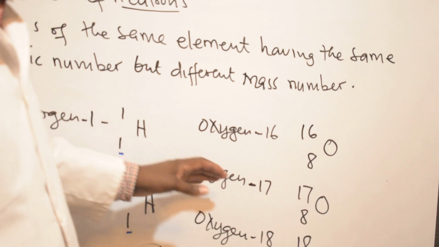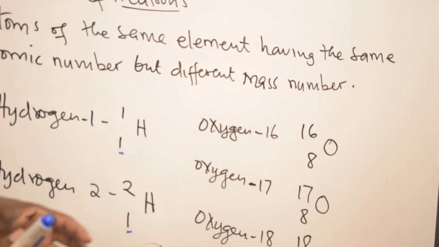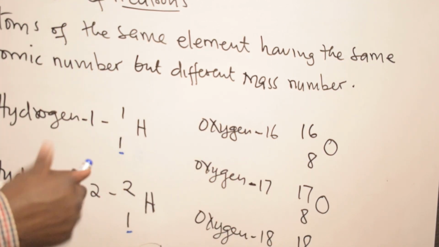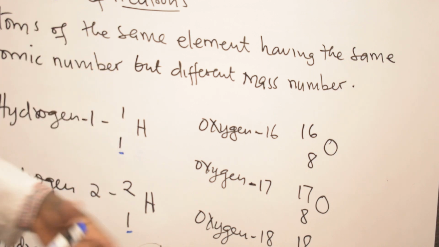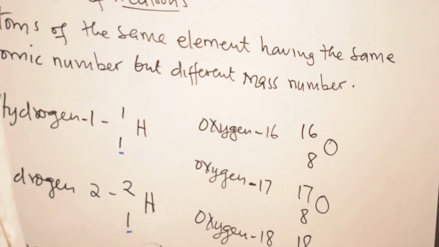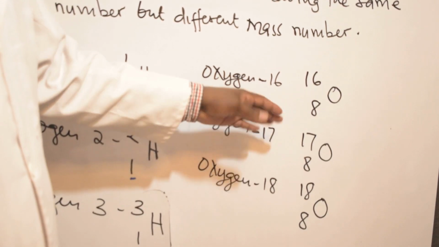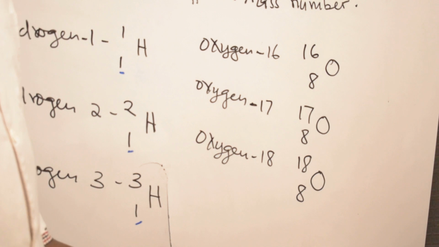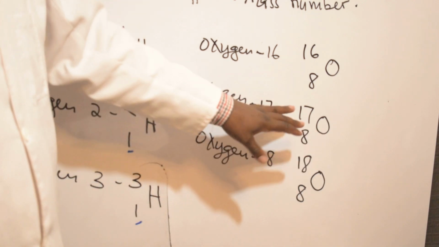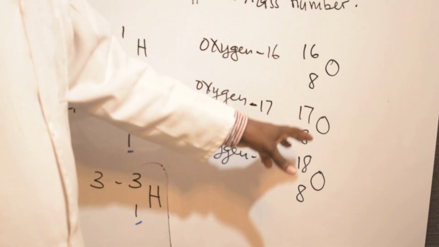So what can happen here is, if I'm given the percentage abundance of these 3 isotopes of oxygen, for example, the 16 is the most common and may have 80%, and the other 2 compose the other 20%.